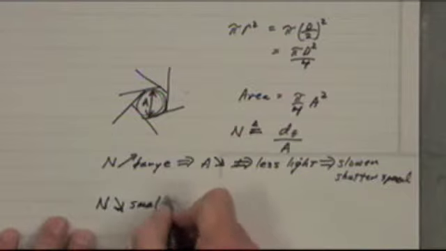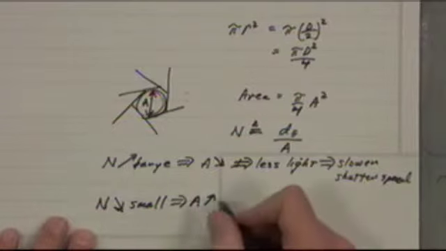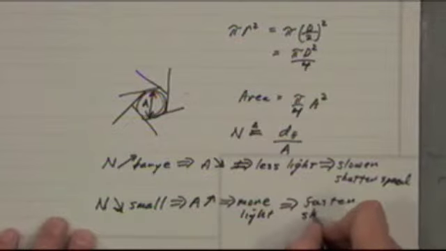So let me do the converse here. If n is small, then that implies that A is large, okay? And if the aperture is large, that's more light. More light means faster shutter speed. And they say that's a fast lens, okay? So here would be some examples.